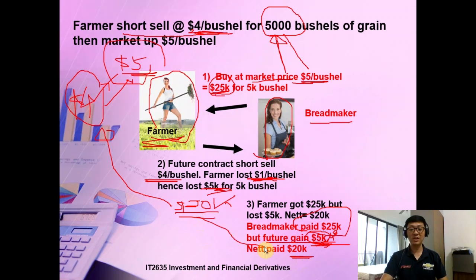So everybody is net at 20K, which is equivalent to the hedging price of $4, right? So regardless of whether the market goes up or down, whoever makes the gain or losses, both parties will basically have a very stabilized sales agreement over here. So that's how they contra.